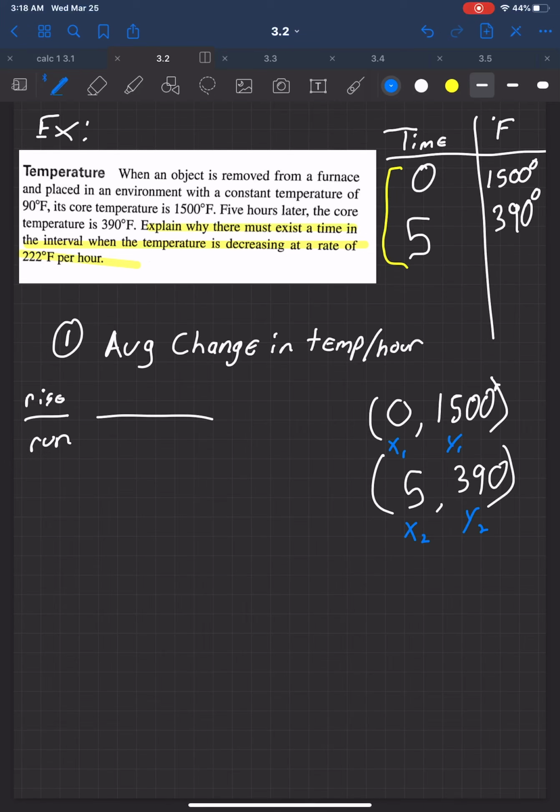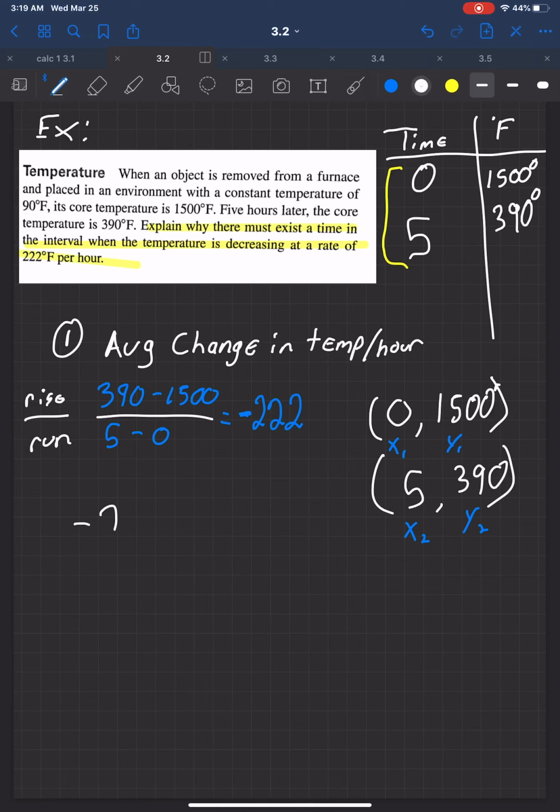If thinking about different variables on the axis confuses you, then let's run it this way: 390 minus 1500 over 5 minus 0. If you grab your calculator and do a little bit of arithmetic, you will get negative 222 as a result.